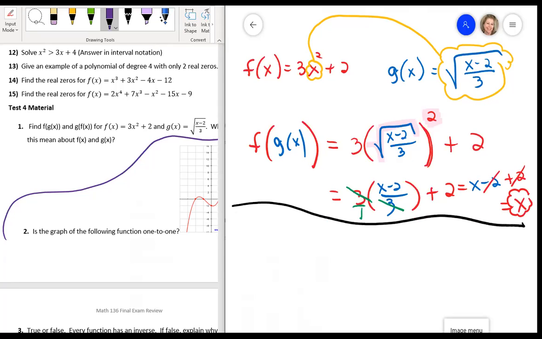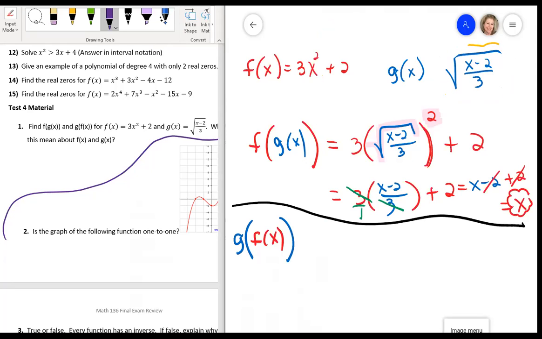Then they want me to figure out g of f of x. Okay. Erase this. And now this time you're putting the red function into the blue function.